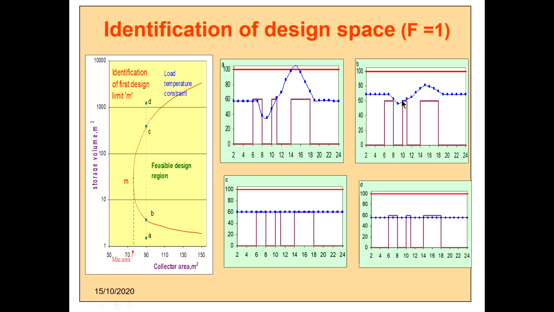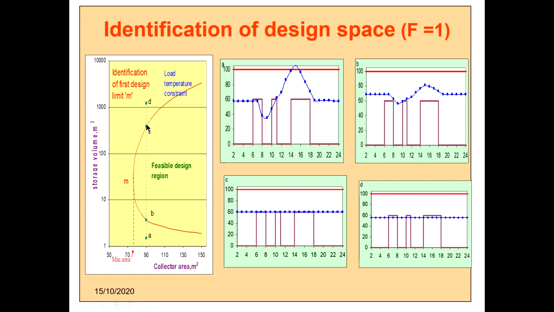Yes, this is acceptable. The entire curve is found to be above the demand. So the B point is acceptable. I might now mark this point as a red point, an acceptable point. Now with the same collector area, I go on increasing the storage tank volume.